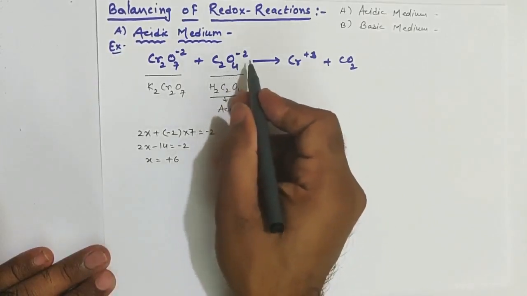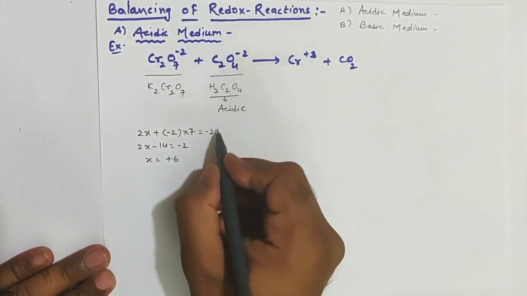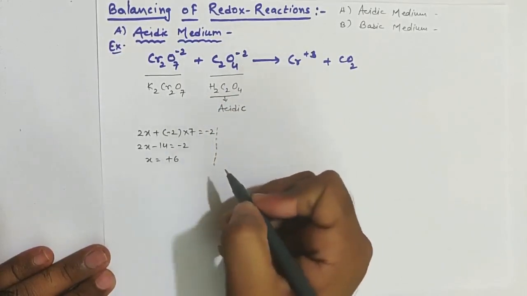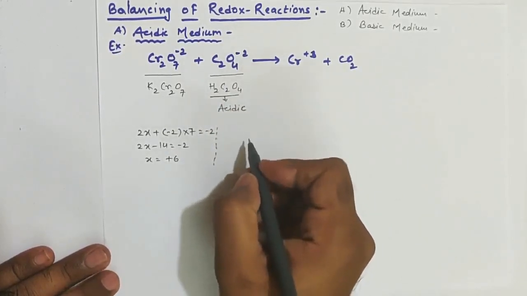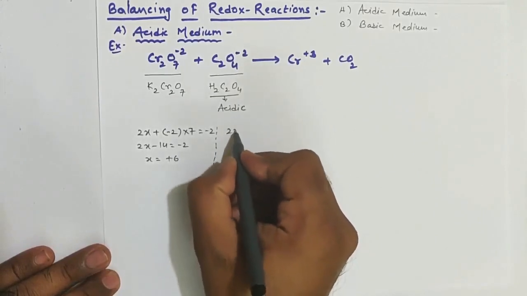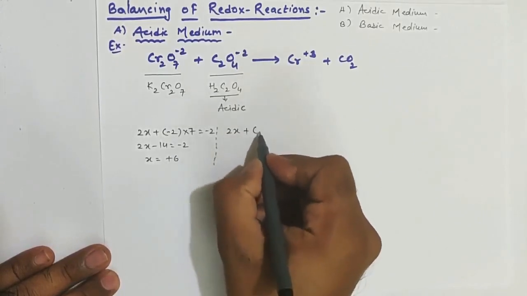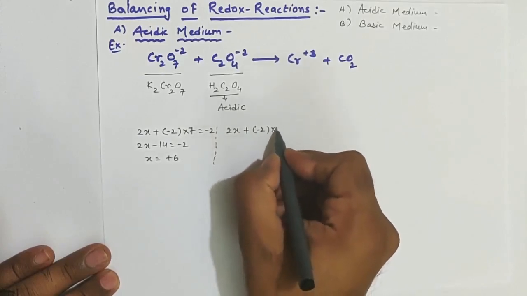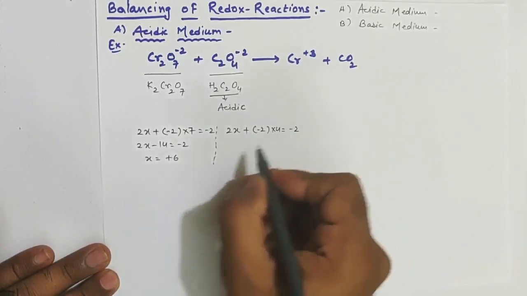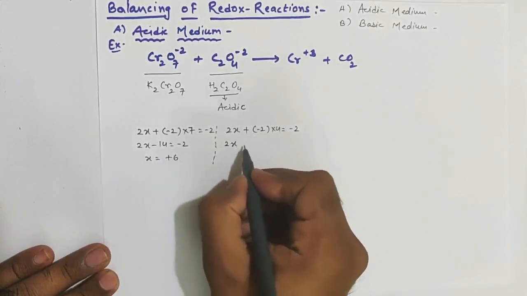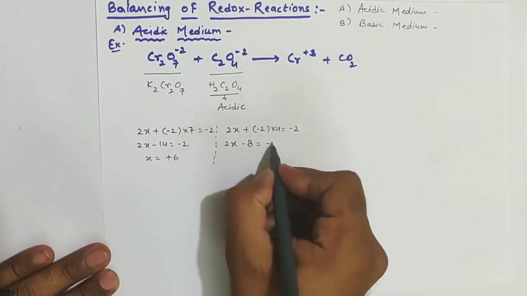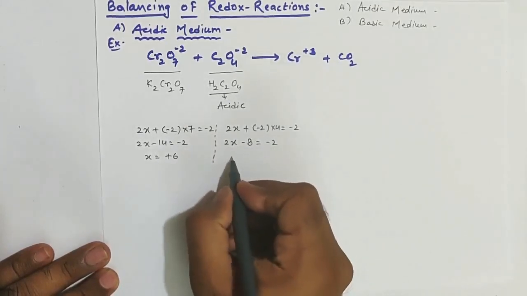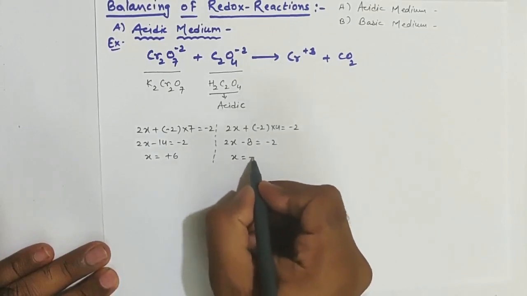In case of C2O4 2- or H2C2O4, we need to calculate the oxidation number of carbon. Let's take 2x plus the oxidation number of oxygen, usually -2, multiplied by 4, equals -2. Hence we will get 2x - 8 = -2. x will be +3.